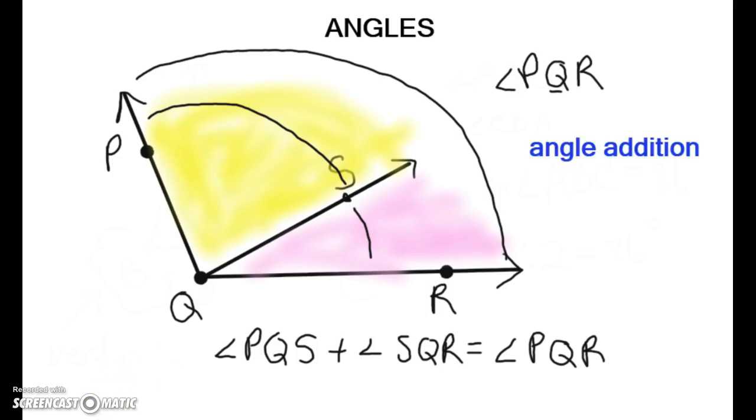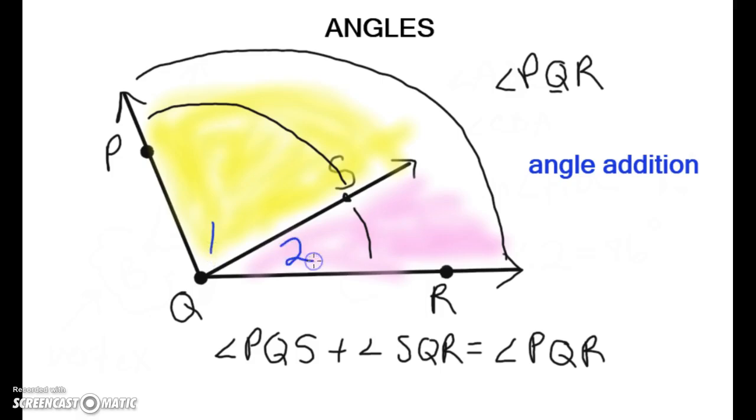Another way to write this equation format, and it's a little quicker sometimes if you're having to think and do multiple steps in a problem, I could actually put numerical values in the picture itself. For example, I could put a 1 right there. I could put a 2 here.